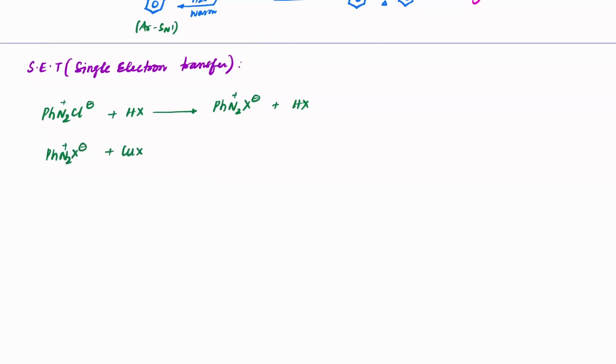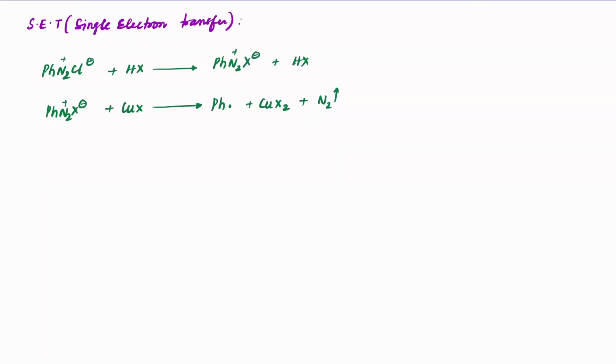Sometimes the first step is not given; I'm just taking it as a precaution step. You can directly start with the second step also. So if you react with CuX, this will become Ph dot, a radical, and then copper will become CuX2, and N2 gas will be lost. So basically copper got oxidized and phenyl got reduced here. Got it?